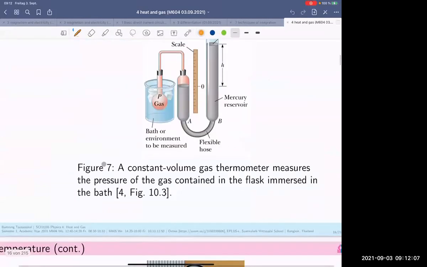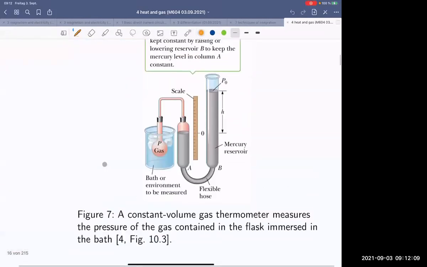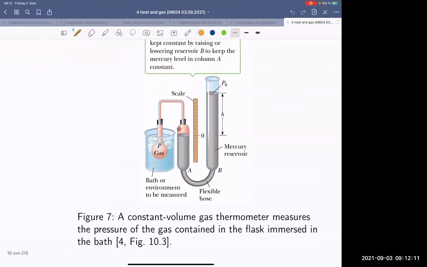So the scientists have observed the gas, the expansion of the gas and the volume of the gas together with the liquid. This liquid is a mercury reservoir.